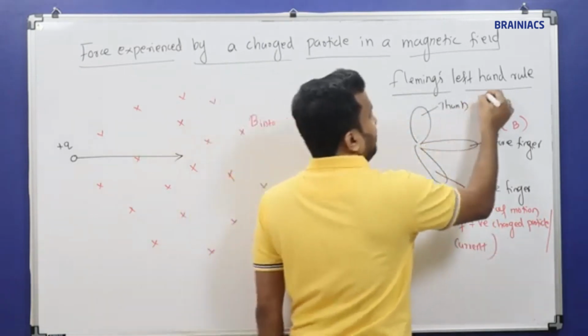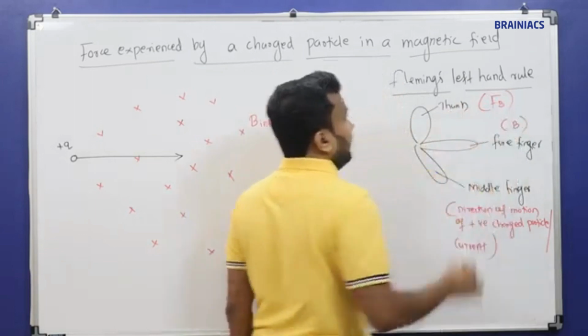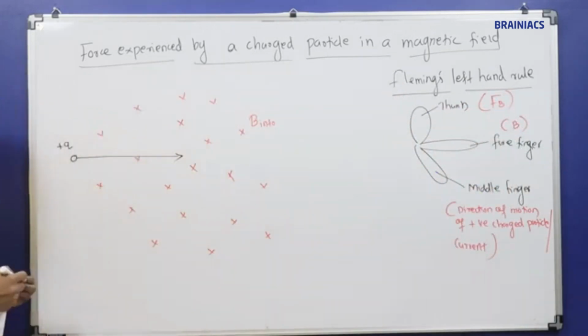And your thumb represents FB, which is called magnetic force.